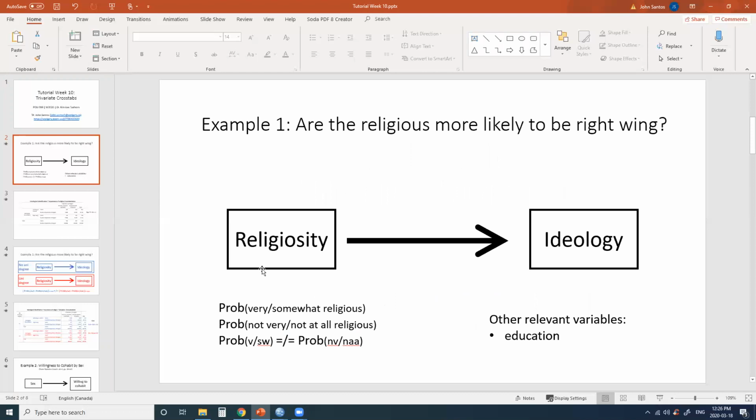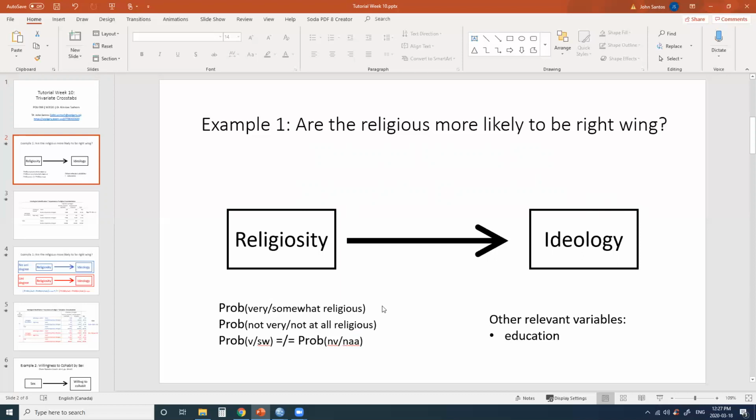And the idea there is that the probability of religious folks identifying with a particular place on the ideological spectrum, let's say being right-wing. So there's a probability of being right-wing associated with folks who are very or somewhat religious.